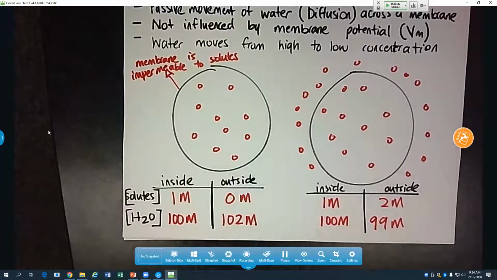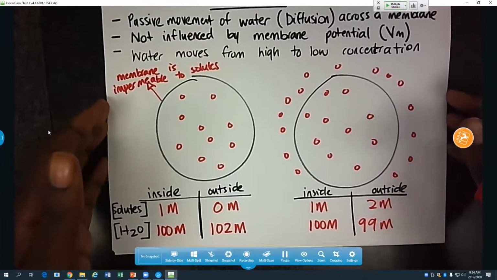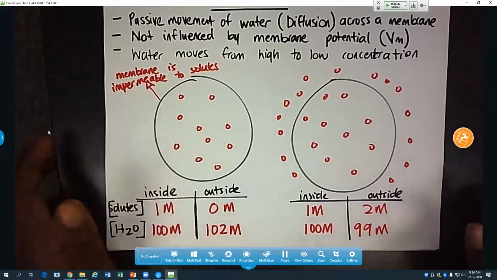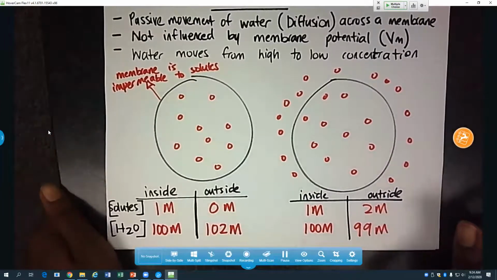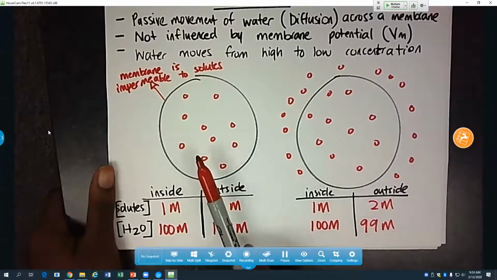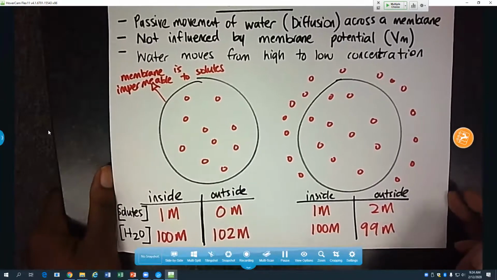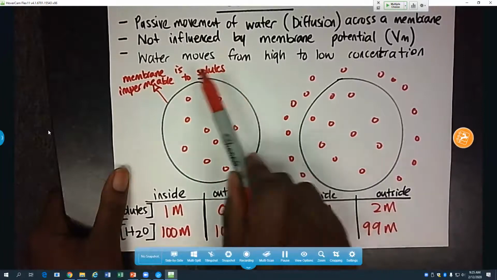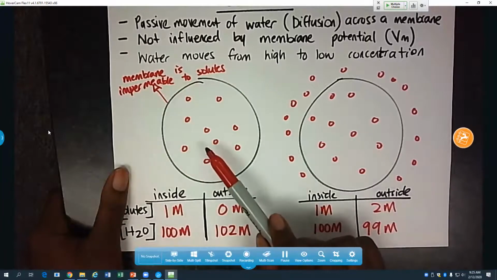Now we're going to look at what water will want to do in terms of its concentration gradient. In this first scenario, do we have a driving force for the movement of water in the solution on the left? We have a membrane that's not permeable to the solute. We have no solute outside, and we have lots of solute inside.